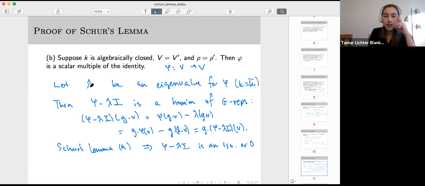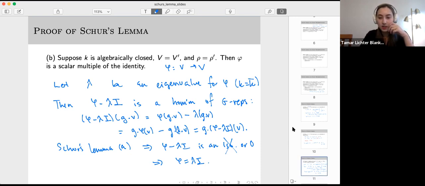But because we picked lambda to be an eigenvalue, there's some non-zero vector v in the vector space such that phi of v is equal to lambda v, which means that phi minus lambda I maps some non-zero vector to 0. So it can't be an isomorphism. And since it's not an isomorphism, it must be 0. And so phi is equal to lambda I. So that's the proof of the second part of Schur's lemma.